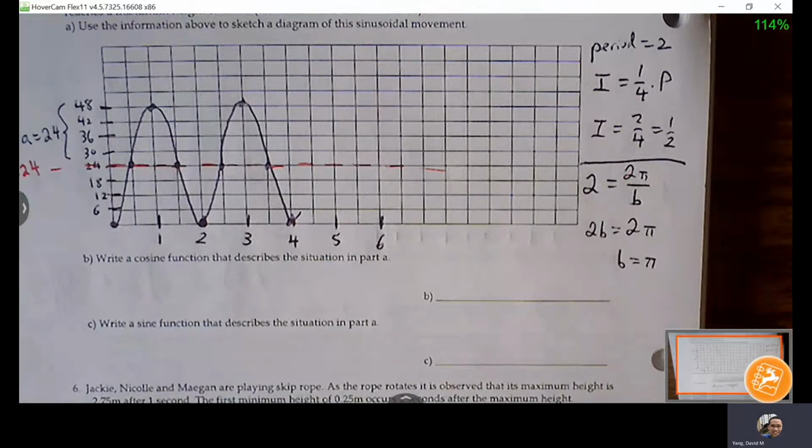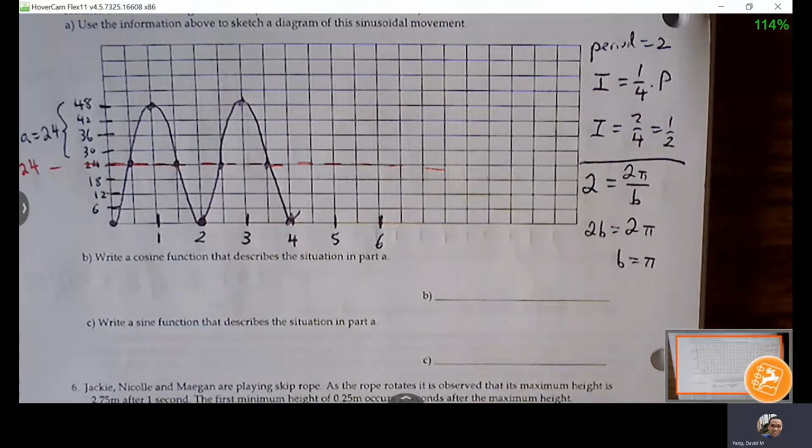Okay, cosine function is easier. There's no shift, but there is a what? There's a reflection, right? It doesn't start at the peak, it starts at the minimum here.